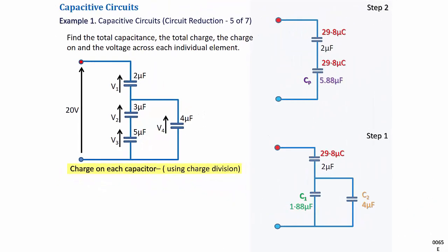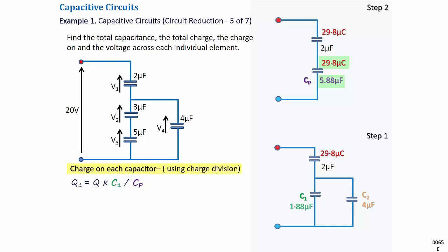To find the charge on each of the 2 branch capacitors in step 1, the series group shown as C1 and the 4 microfarad shown as C2, we use charge division. The charge division formula to obtain the charge on C1 is Q1 equals Q times C1 divided by CP.